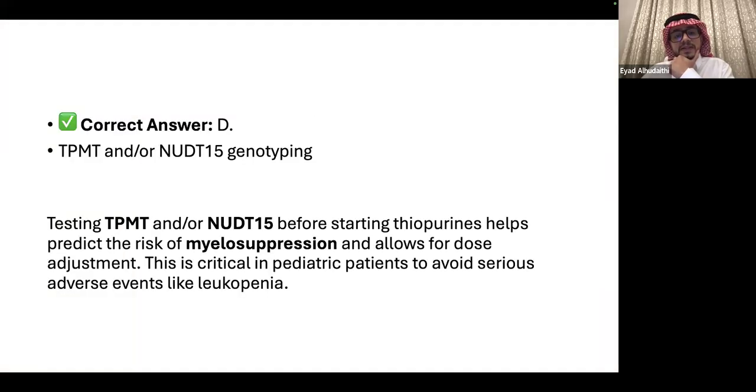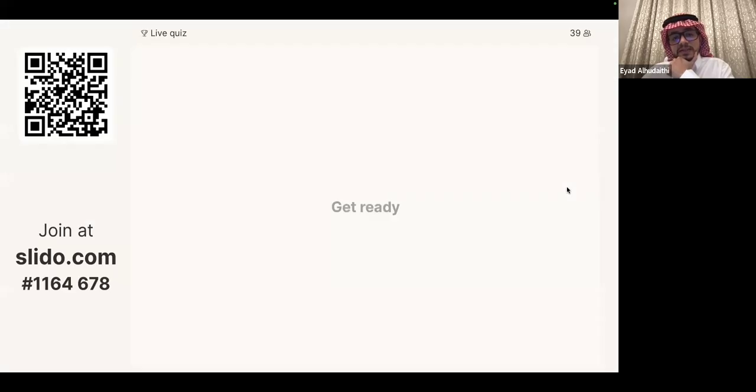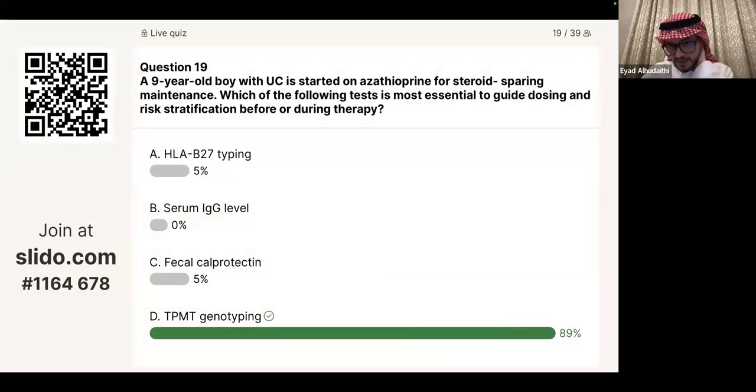So the concept with starting a patient on azathioprine is start low, don't start the full dose, and send the TPMT genotype. Once you have the result back, you can go for the full dose.